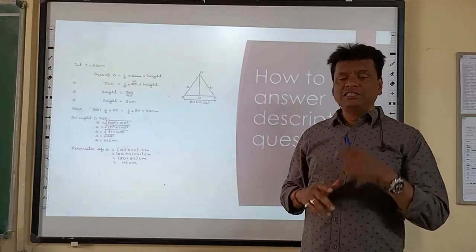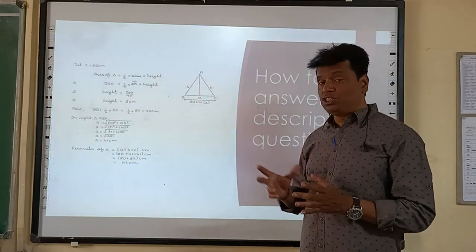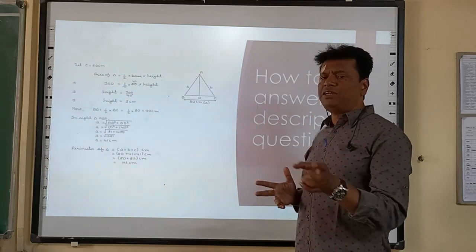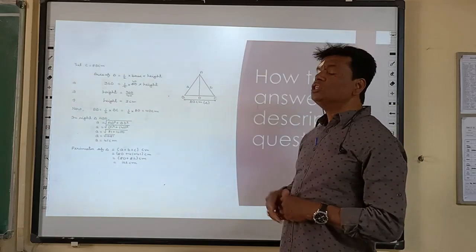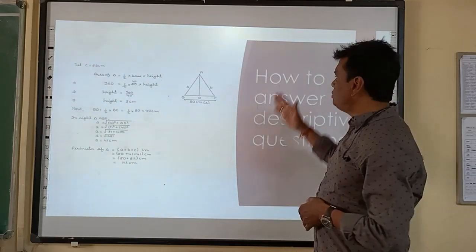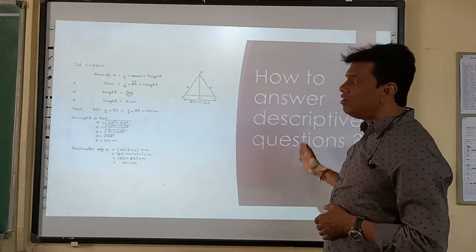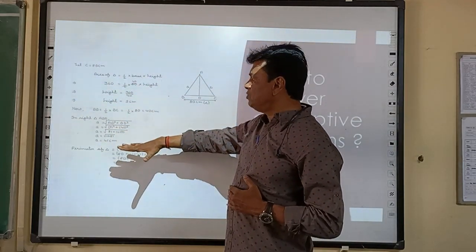Avoid doing that. There are cases when you turn the page to see the calculation once again, but sometimes other calculations are placed there, and in a hurry you copy the wrong calculation over here. So it is much better that you draw a margin on every page on the right hand side for the rough work. And you see how neat and clean it has been done over here.